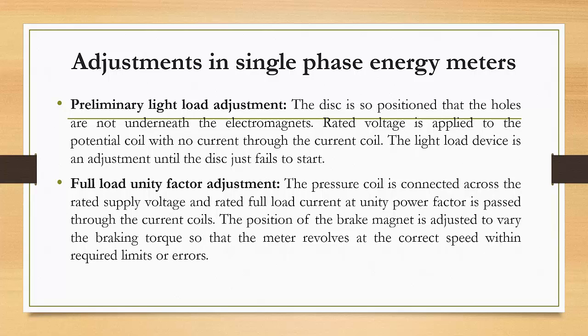Now position the brake magnet so that the braking torque makes the meter revolve at the correct speed. After making the connections for unity power factor, adjust the brake magnet in such a way that the meter revolves at correct speed. This adjustment we call full load unity power adjustment.